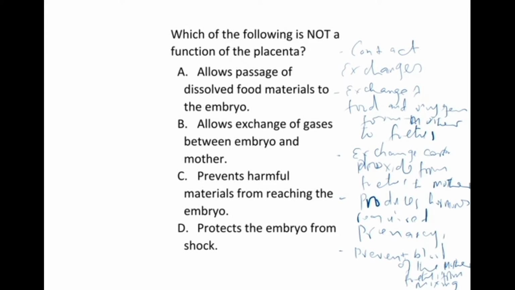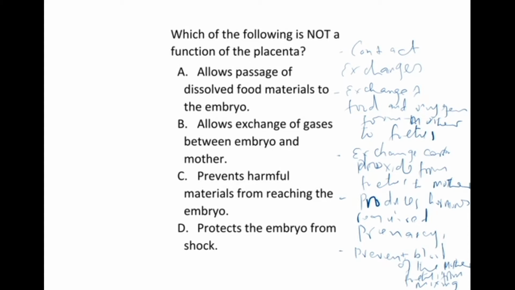Two, it produces hormones that are required in the maintenance of the pregnancy in the uterus, since the pregnancy has to be maintained in the uterus for the 9 months. So the hormones that are responsible for maintenance of that pregnancy are produced by the placenta.